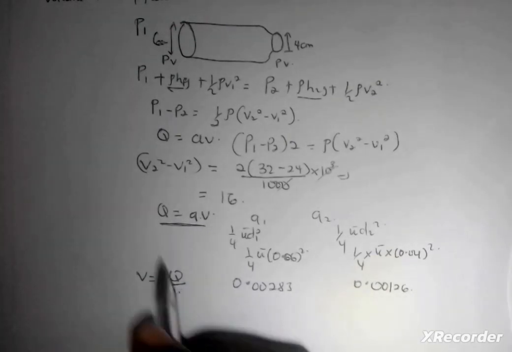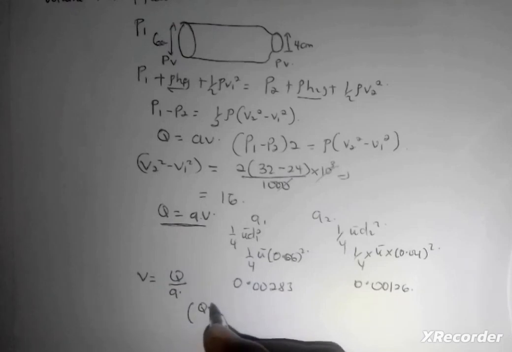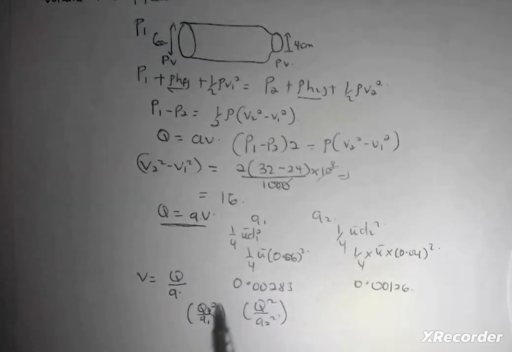So when I put this in, for one part I get Q squared over A1 squared. Then the other part is Q squared over A2 squared, where area 1 and area 2 are for V1 and V2 respectively.